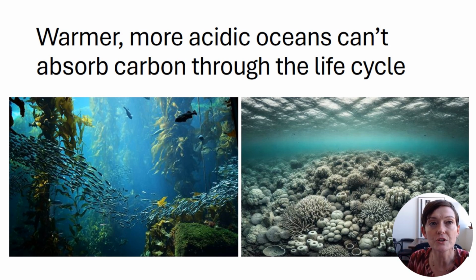So I mentioned that oceans will pull in a lot of carbon through the normal life cycle. And warming oceans definitely make it harder for life to survive, because life has a very narrow range of temperatures in which it can survive.